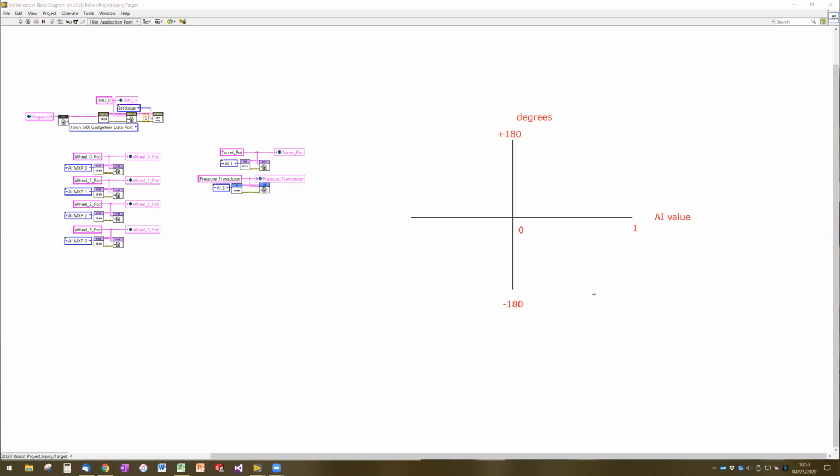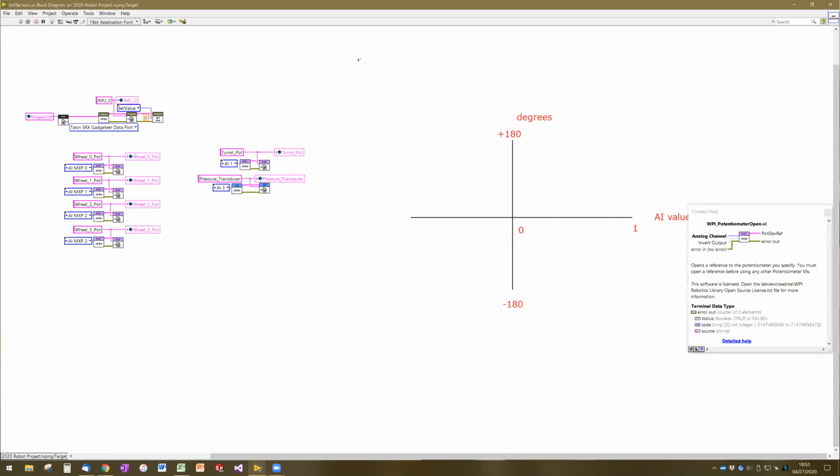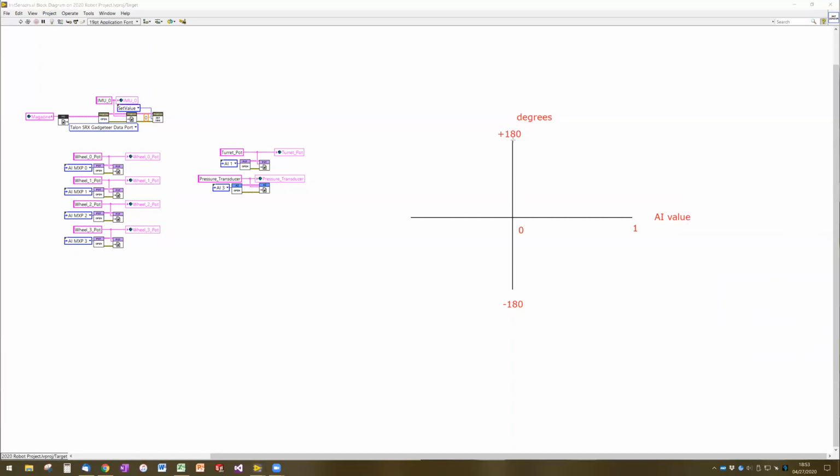But yes, so if I were to draw a single line here, if I were to go from say I wanted 0 to be positive 180, and then 1 is negative 180.